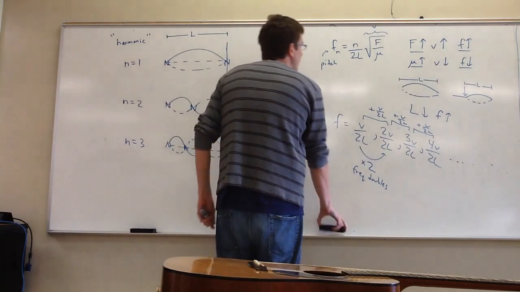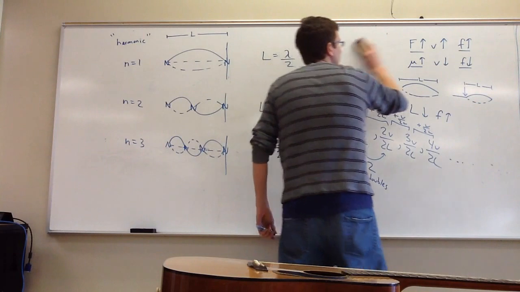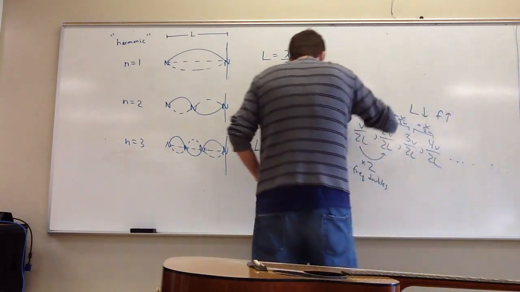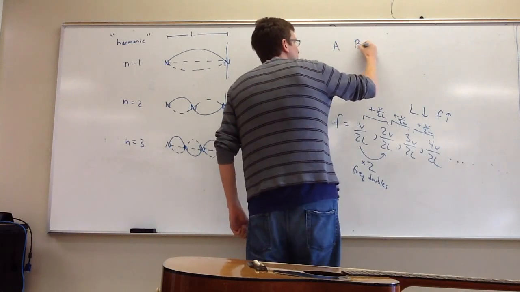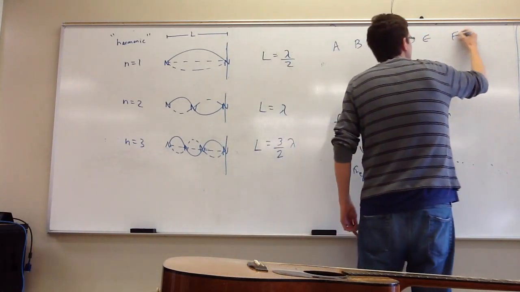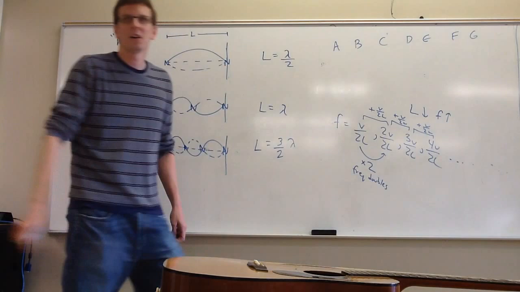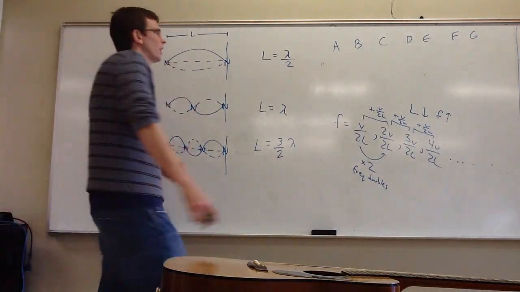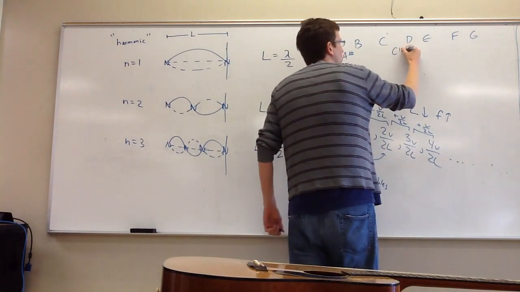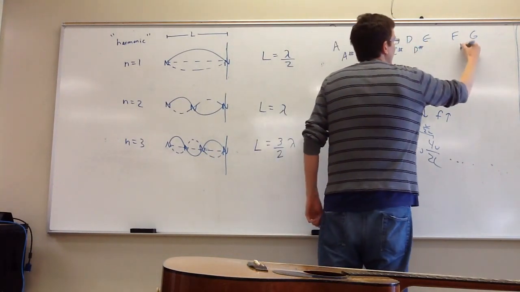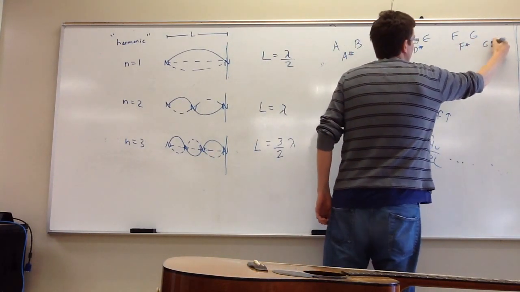Let me break down the musical scale for those of you that may not know it. Here's the musical scale: A, B, C, D, E, F, G. And then there are notes in between. There's A sharp, C sharp, D sharp, F sharp, and G sharp.